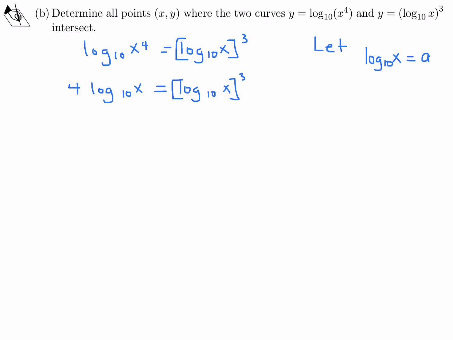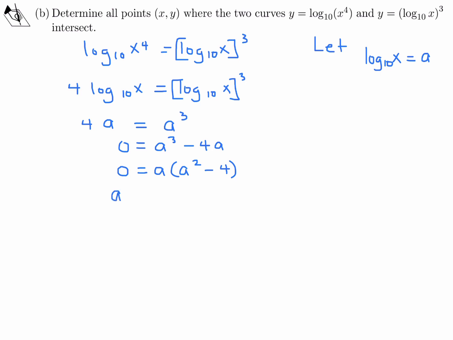Now, we can make our substitution. So a is equal to log of x to the base 10. So this becomes 4a, and this becomes a to the power of 3. Putting everything on one side, you get a to the power of 3 minus 4a is 0. Factoring out an a, you get a squared minus 4 times a is equal to 0.